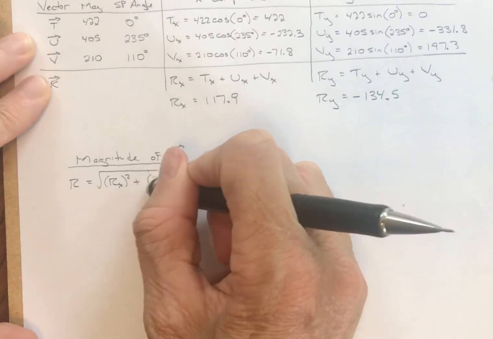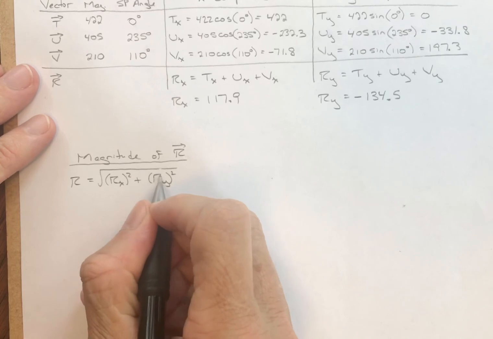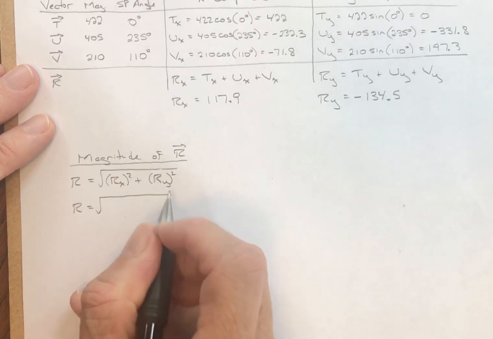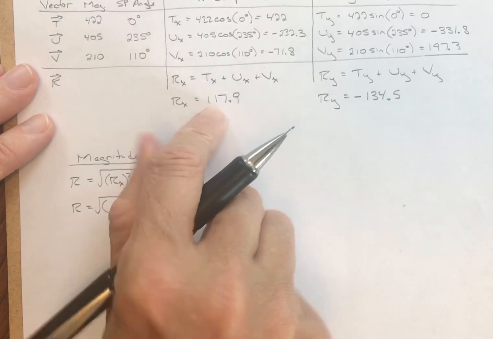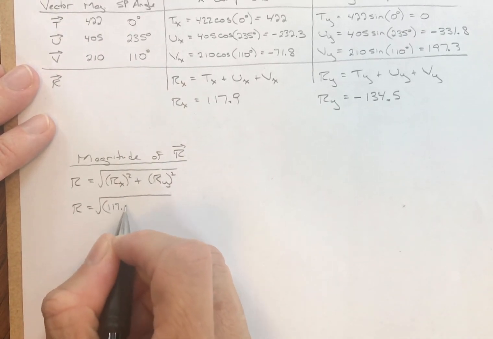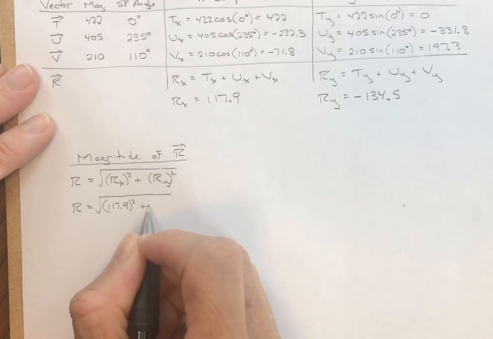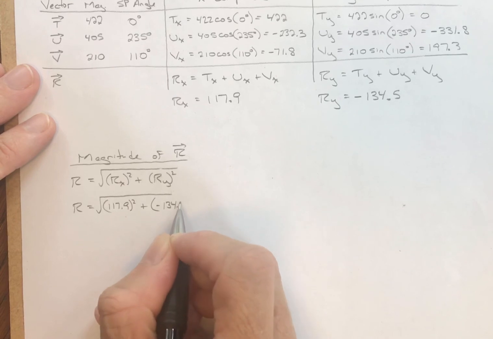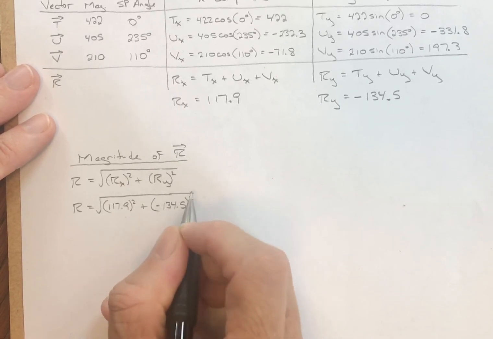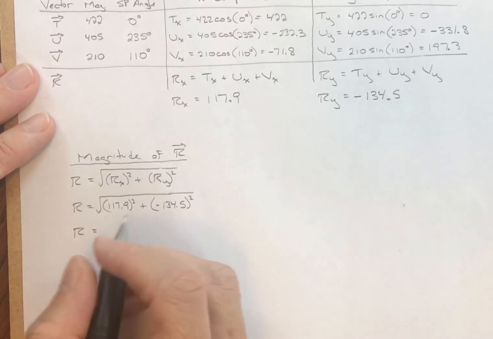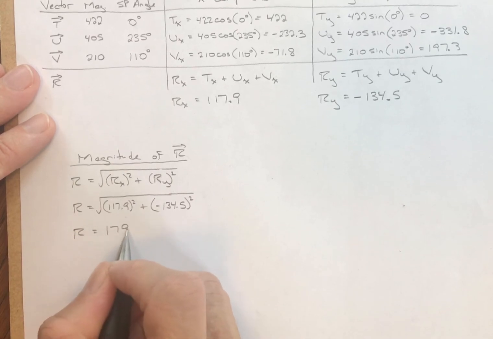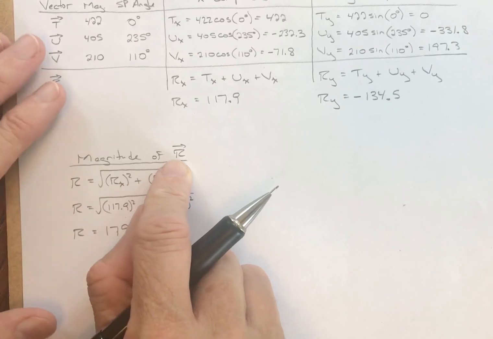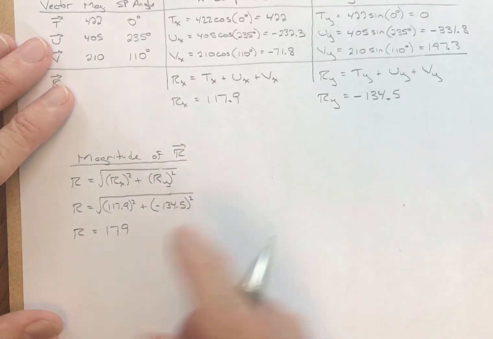That's a terrible r. Okay, and so this is the square root of 117.9 squared plus negative 134.5 squared. And calculator to the rescue. 179 is the magnitude of the resultant vector. Okay, the sum of all those vectors has a magnitude of 179.